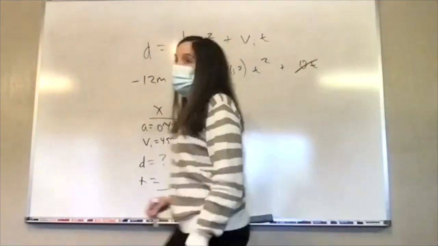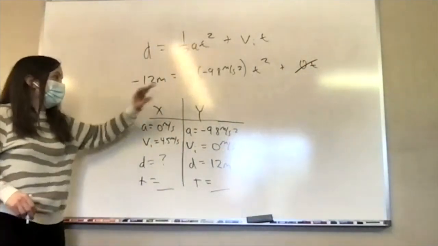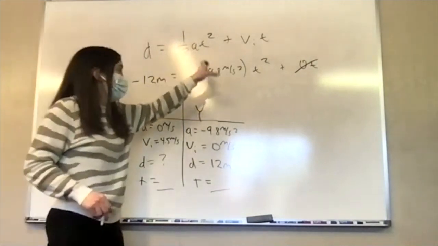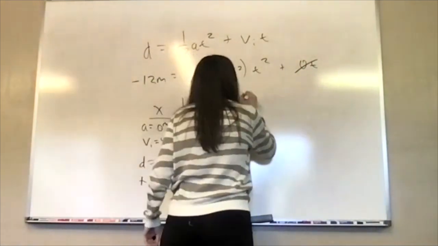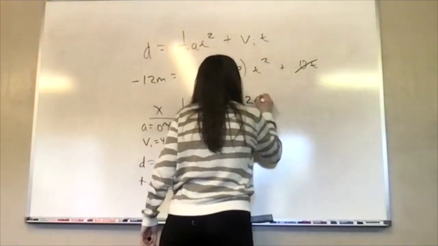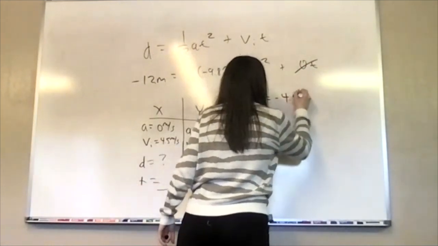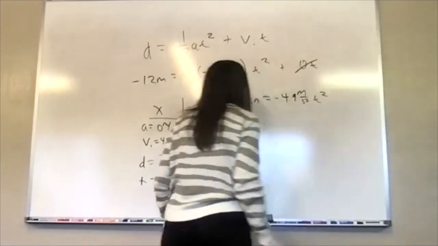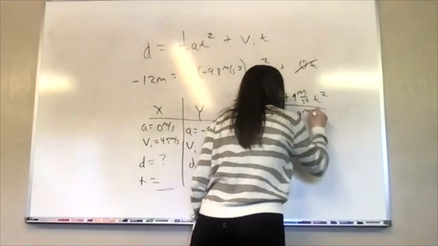And then 0 times t just gives you 0, so that just goes away. So our equation looks like this. 12 equals 1/2 times 9.8 times t squared. So that equation just becomes 12 equals -4.9 times t squared. Divide both sides by 4.9.